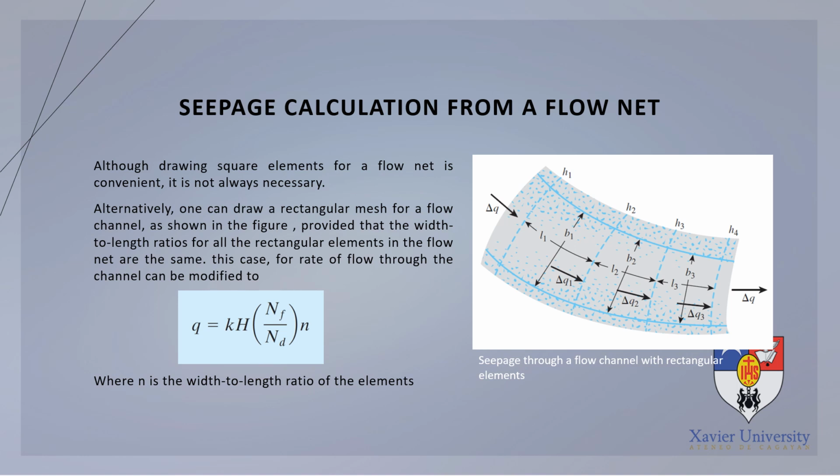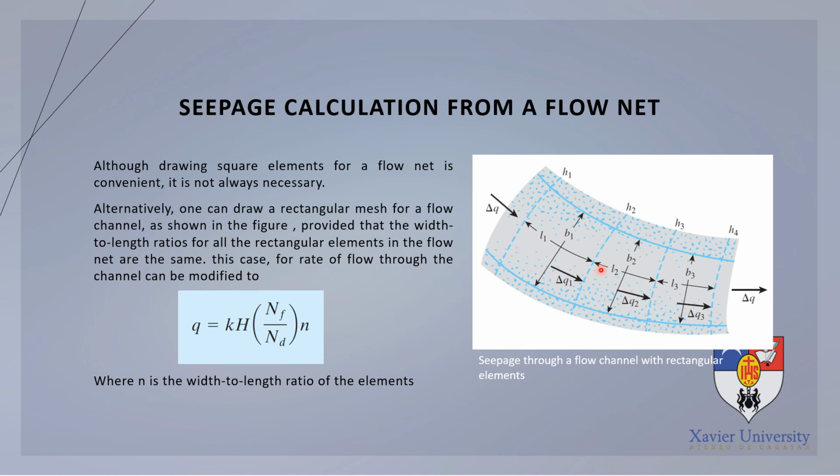So alternatively, one can draw a rectangular mesh for a flow channel, as shown in this figure, no? So, rectangle siya. Iyahang length is not equal to its width. So, na siya B1 and then L1. Kay ganiha, kay square man totong element, we have L1 ni siya and then L1 pod ni. So, kani diri kay rectangular man daw, so na siya B1 and then L1 nga dimensions.